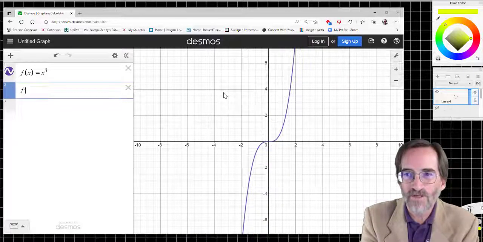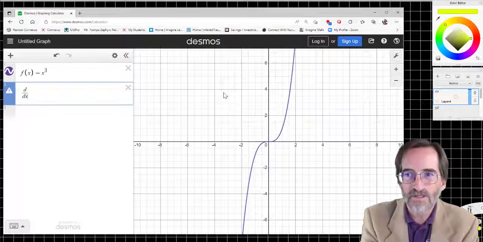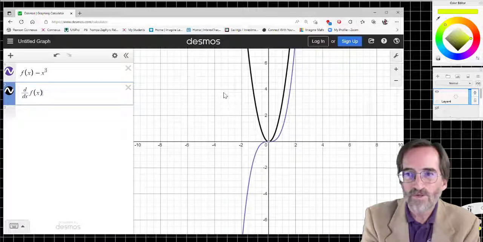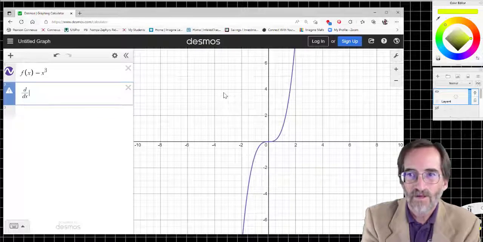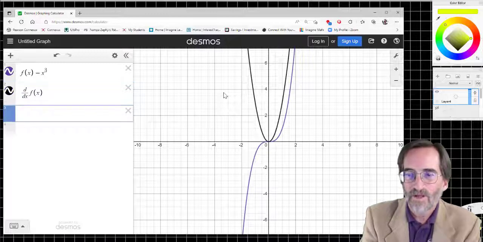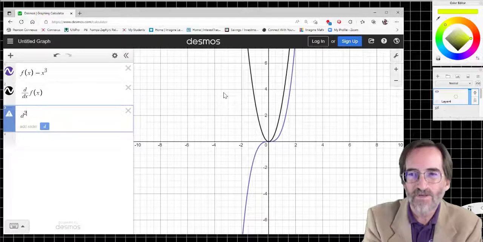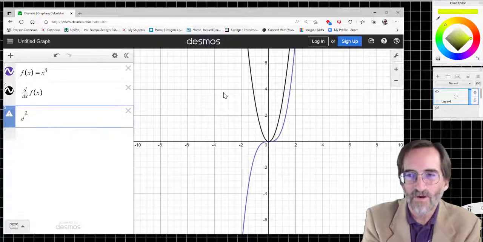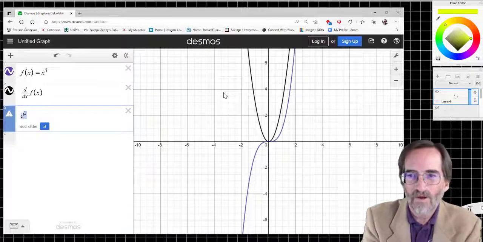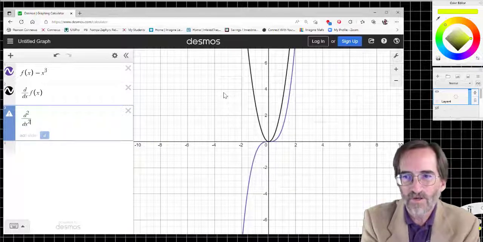Another way is using Newton's notation, d over dx of f of x, or you can do d over dx of x cubed, and then you get the same thing. F of x, because I already defined f of x. Now, if I want a second derivative, let's see if it'll do dx squared.